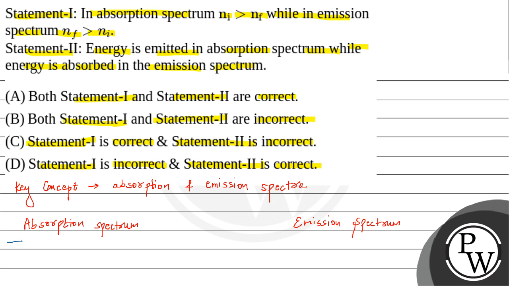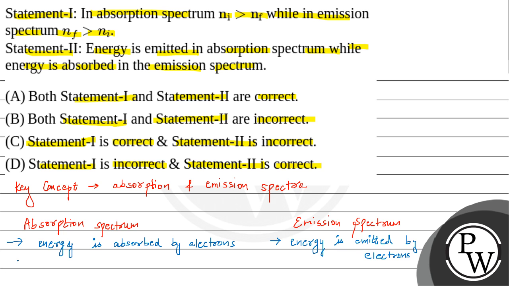Absorption spectra, it is observed when energy is absorbed by electrons. About emission spectra, in this case the energy is emitted by electrons.